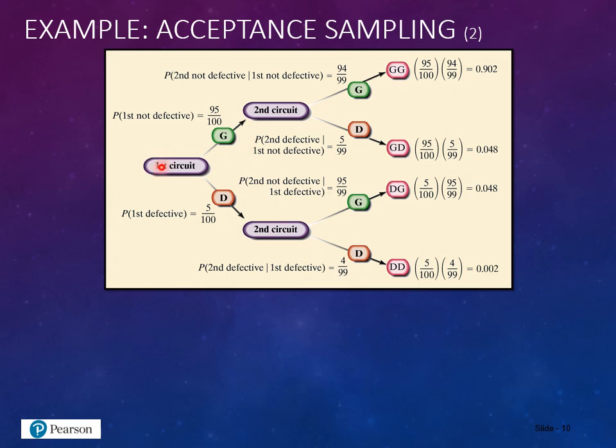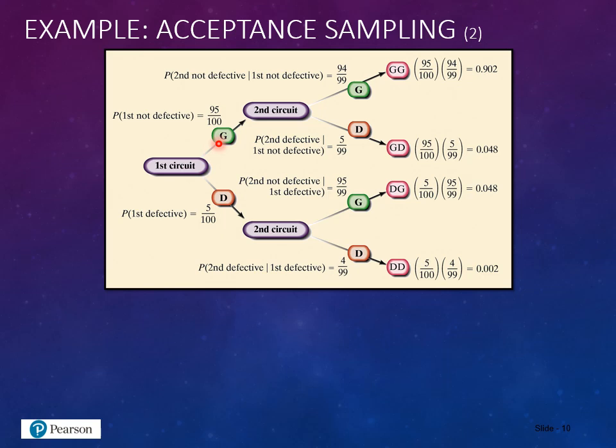So she pulls out the first circuit, and it's either good or bad. Well, if it's good, remember it has a probability of being good of 95 out of 100 because 5 out of the 100 were defective. Okay, so those are those probabilities. Now the second circuit that she pulls out, if it's good, now we have the probability of the second one being good.